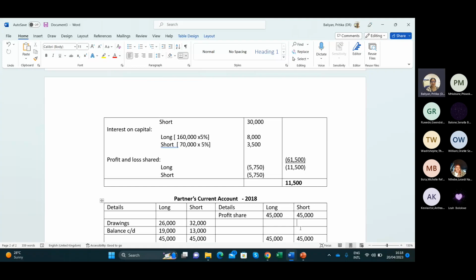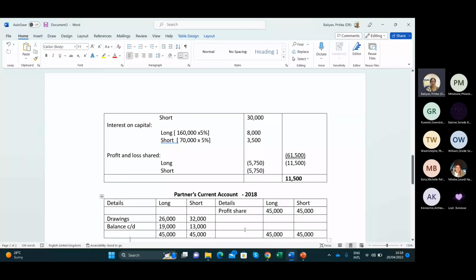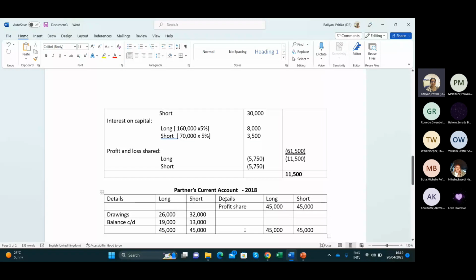When we prepare the partners' current account, we also need to prepare it individually for all the years. So for 2018, in the current account, whatever they receive in the business we record on the credit side, and what they pay or withdraw we write on the debit side.